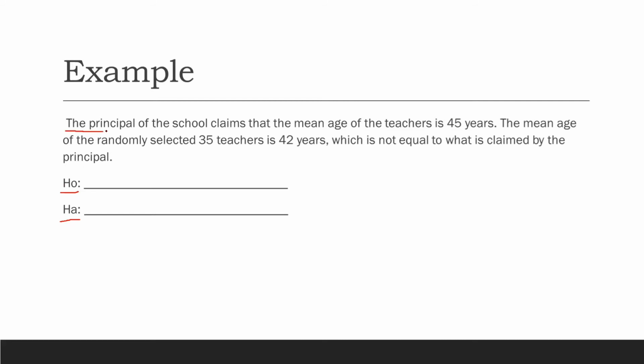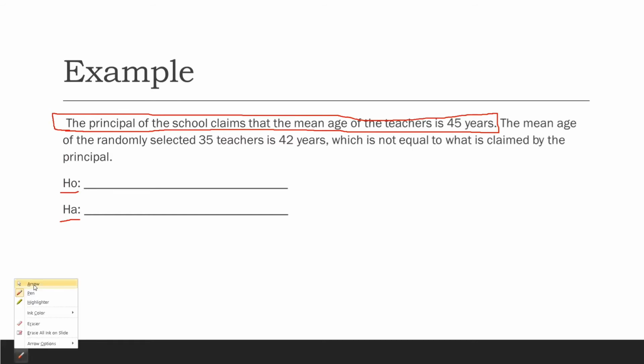So the principal of the school claims that the mean age of the teachers is 45 years. So this is now our null hypothesis. So therefore, mean is equal to 45. And then, the mean age, so ayan.